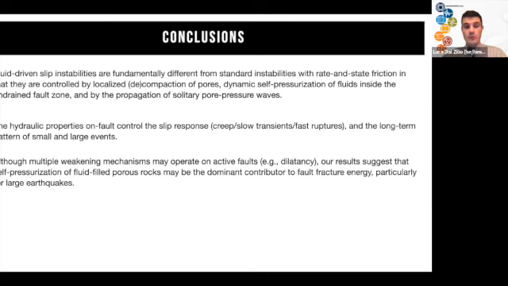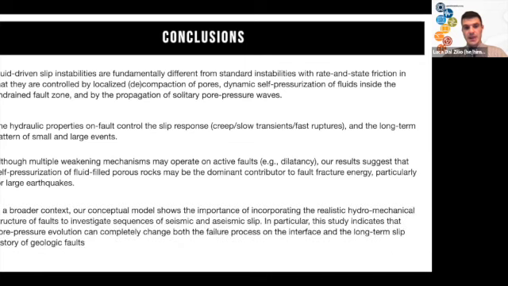But in general, for a given set of poroelastic constants, in particular the Biot and Skempton coefficients, we usually observe that compaction can overcome the initial phase of dilation and can still cause a seismic event. And in general, this type of study is also giving us more information on the hydromechanical structure of faults and how important it is to include them to study sequences of seismic and aseismic slip.